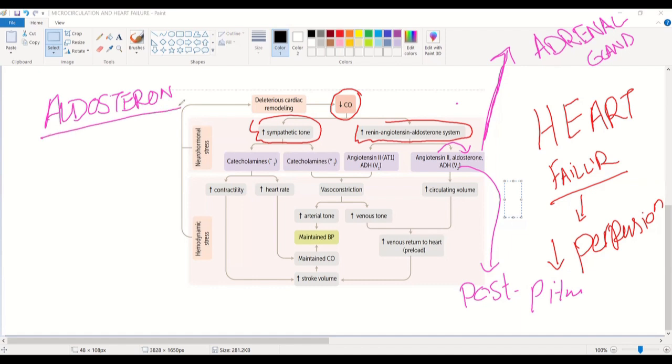It works on the resorption of sodium and the excretion of potassium and hydrogen ions. So it will increase sodium retention, and this increased sodium retention increases water absorption, right?